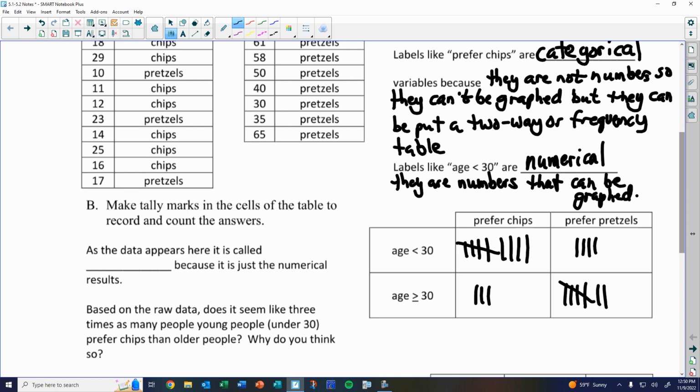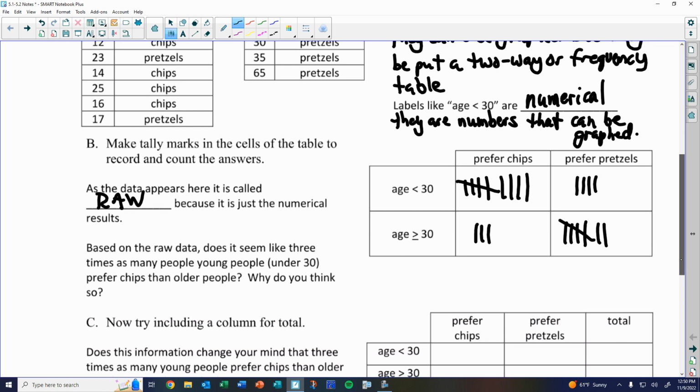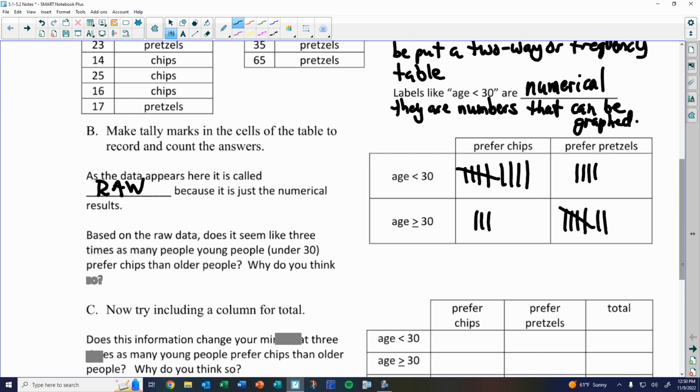So the data that we have in here, we call this raw data, because it's just the numerical results. So it says, based on the raw data, does it seem like 3 times as many young people prefer chips than older people?